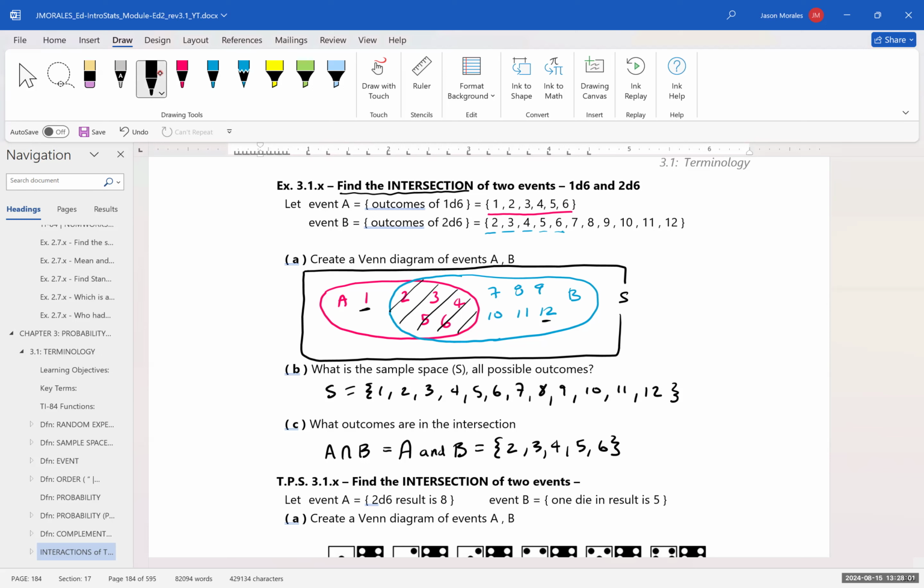We could take this one step further and ask, what is the order of the intersection of A and B? There are 1, 2, 3, 4, 5 elements in the intersection, so the order of the intersection is 5.